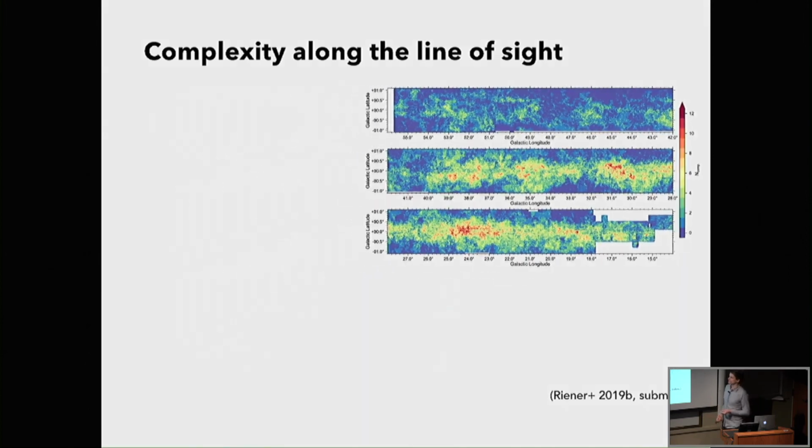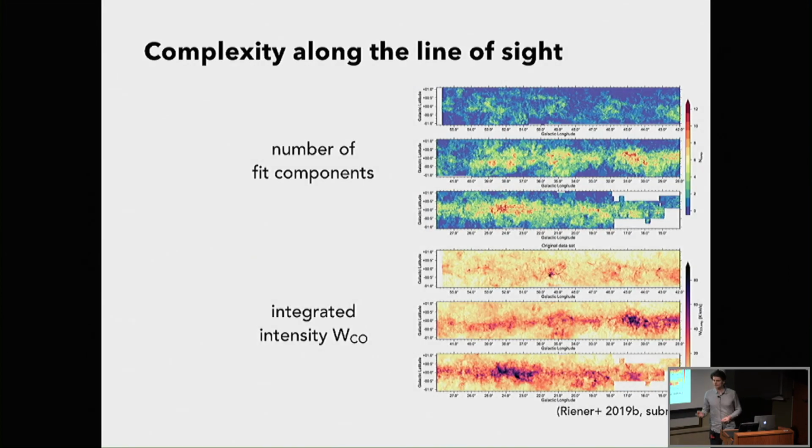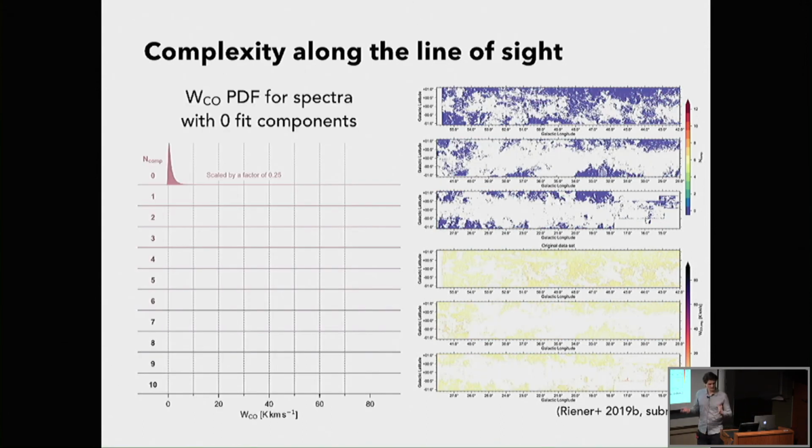What I'm going to show you now is a comparison where, on the one hand, I compare the number of fit components, as a measure of the complexity of the spectra, with the integrated intensity that you've already seen. So I take different subsets. I focus on all the spectra where we fitted no CO components, look at the corresponding integrated intensity values, and construct a probability density function.